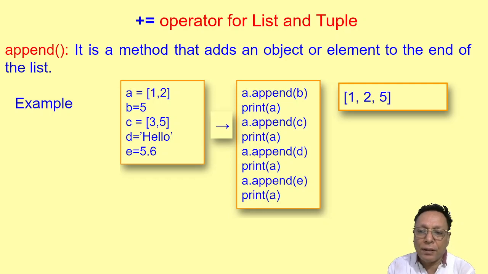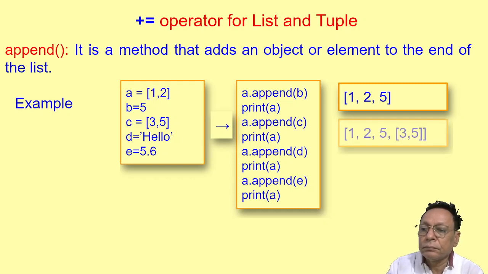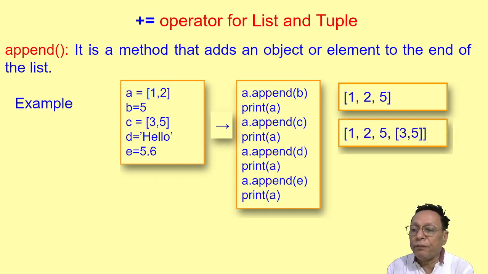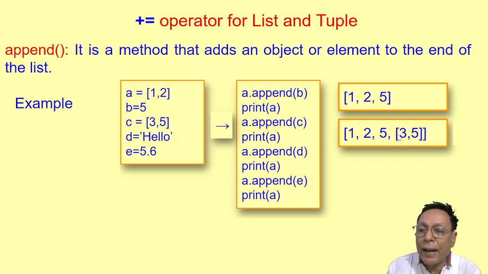When you say print A, it will be [1, 2, 5, [3, 5]]. This is another object, so you must note this. When you append a list, it will be added as another object to the previous list.